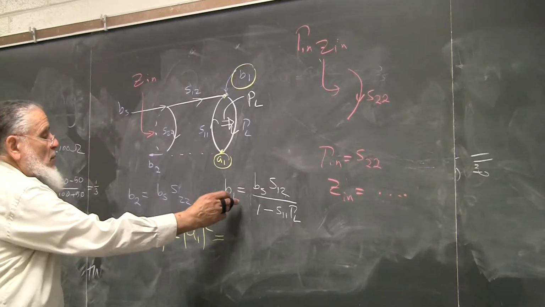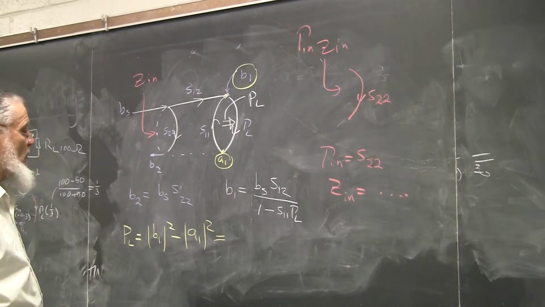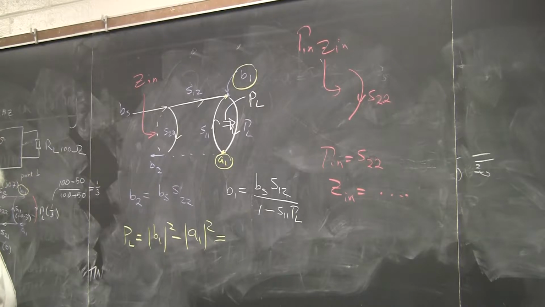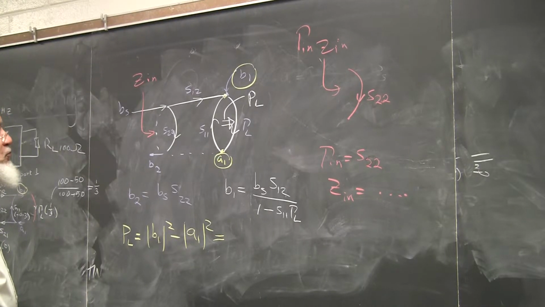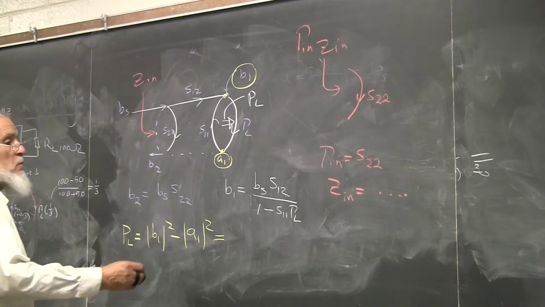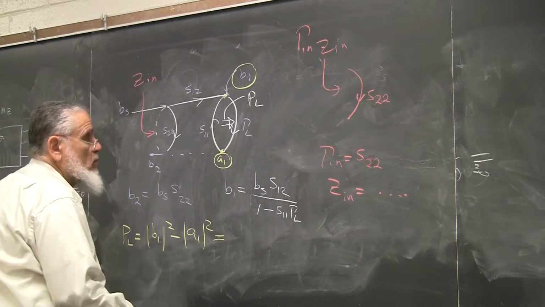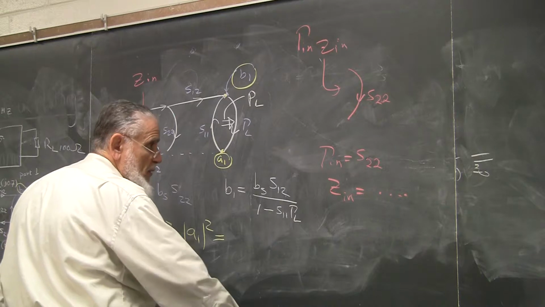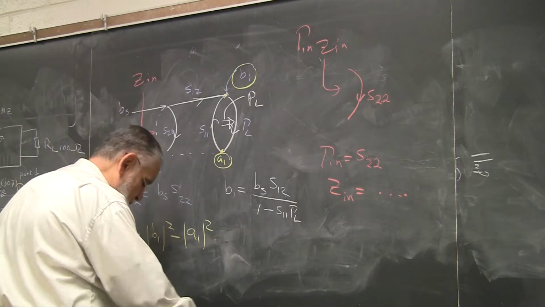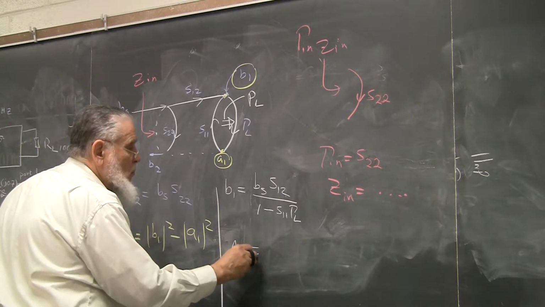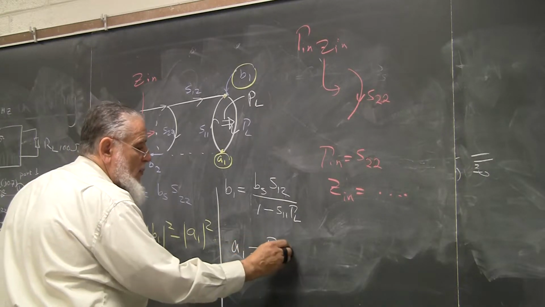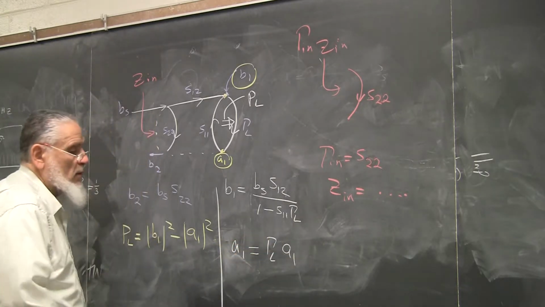Yeah, okay, I have the B1 here. My apologies. All right, how much is A1? Gamma L times B1. So I'll work out the A1 is equal to gamma L times B1.